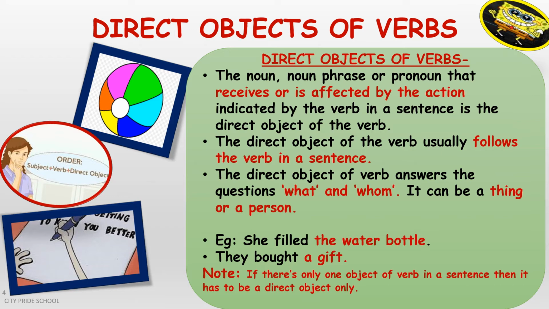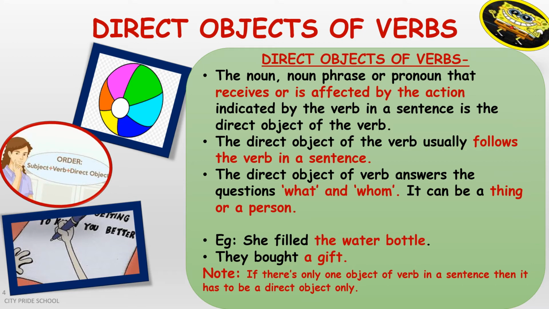Now object of verb can be divided into two categories. One is direct object and one is indirect object. What is direct object is what we are going to see here. Now the direct object, as it states, can be a noun, it can be a noun phrase, or it can be a pronoun. Now noun phrase is nothing but a group of words, and it has a noun or an article or adjective.